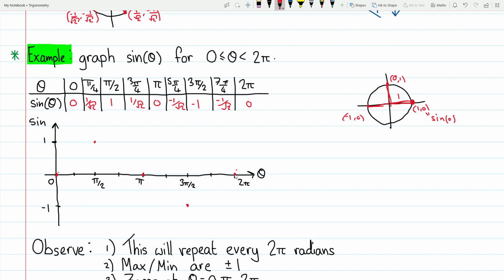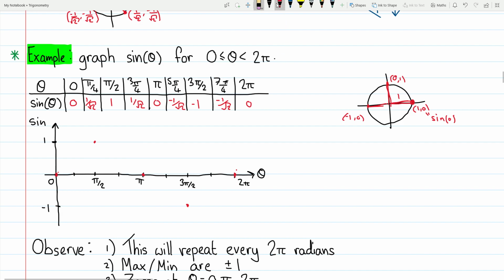But with these points, it's uncertain, like maybe they're straight lines, maybe that's how you connect the dots. Perhaps they concave inwards, or perhaps they go outwards, they're convex, and you have this sort of sine wave. Well, I mean, it gives it away. You do have a sine wave, don't you?